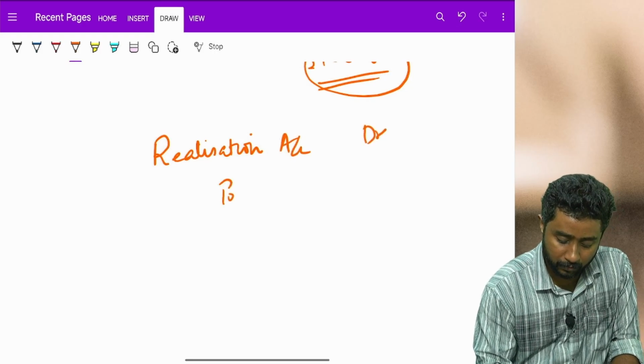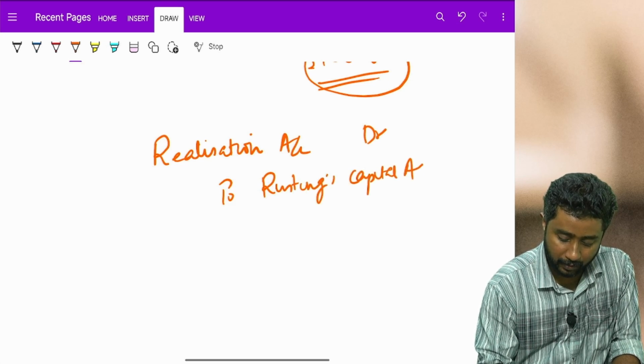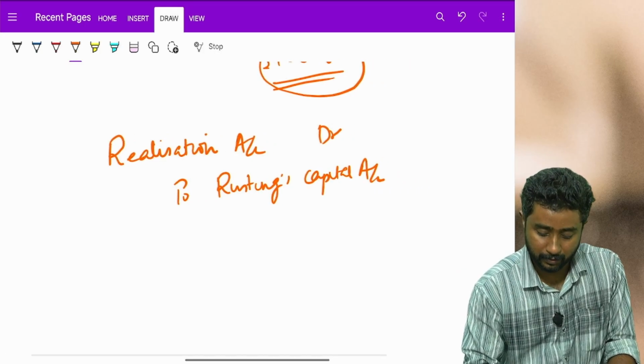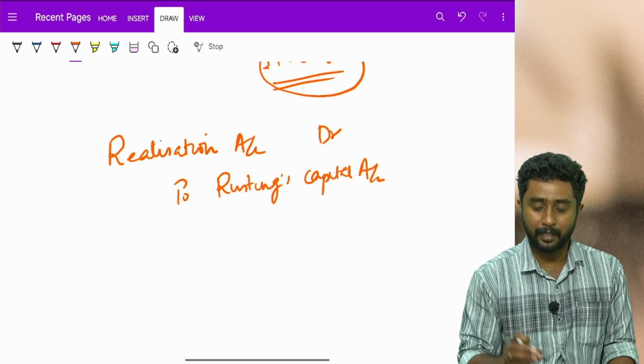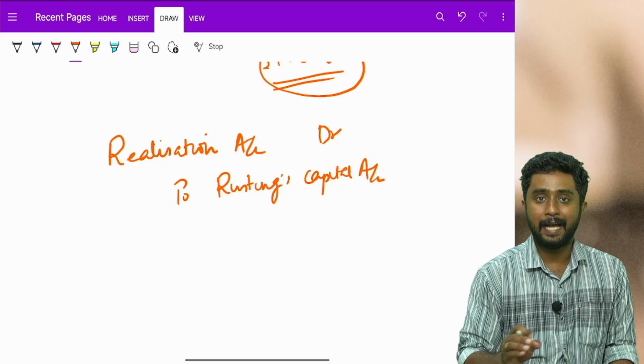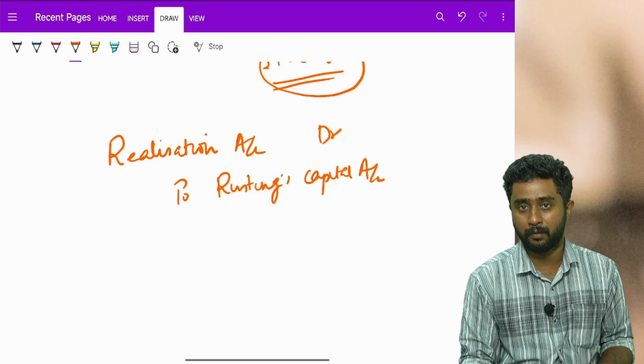Realization account debit to, here Resting is the partner, so Resting's capital account. Realization account debit to Resting's capital account, or whoever is supposed to get the remuneration, that person's capital account will be credited and realization account will be debited. This is the only entry for remuneration paid to the partner.